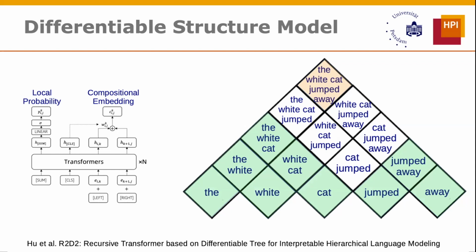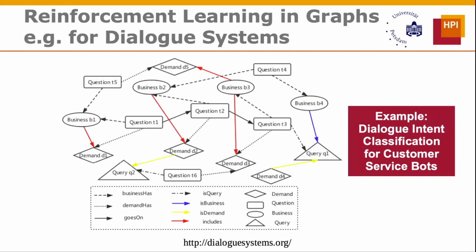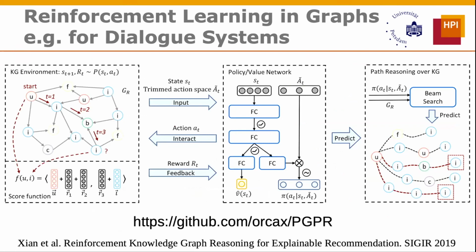Or we can come up with fancy models that operate on graphs, and we put in all the information we have about our problem into a graph, and then we have some complex model that first learns node embeddings, and then you use reinforcement learning to walk around in that graph, and then you get paths in that graph as results that are explainable, explaining why the model is doing certain things.